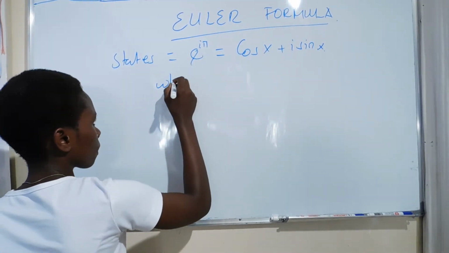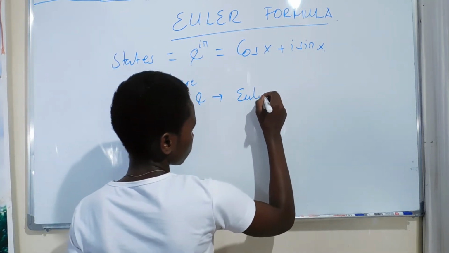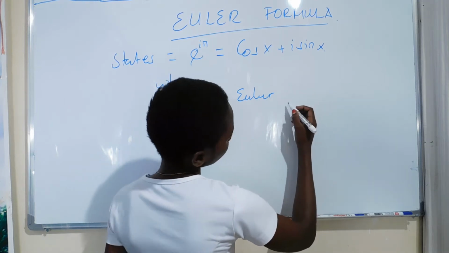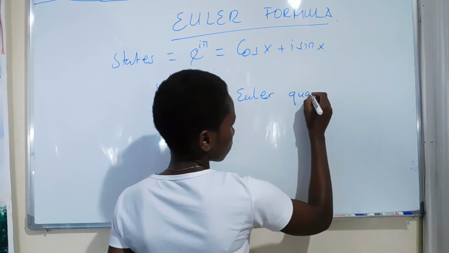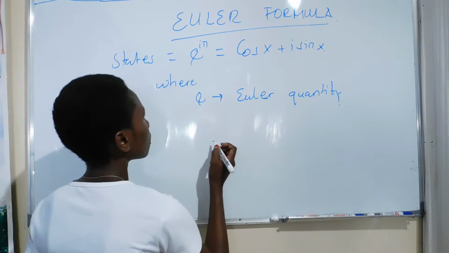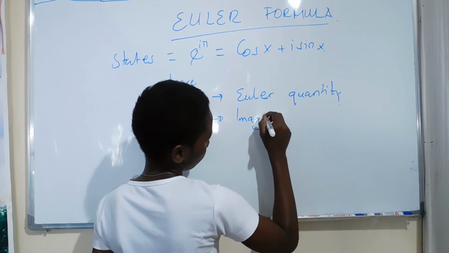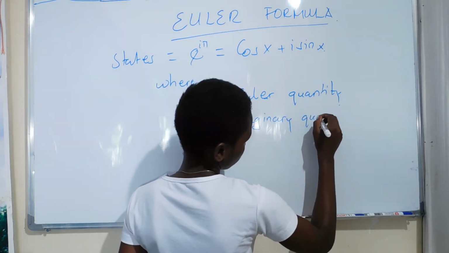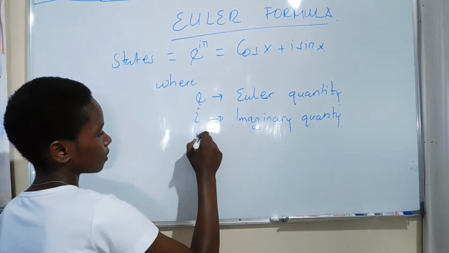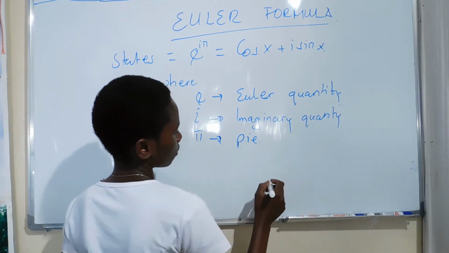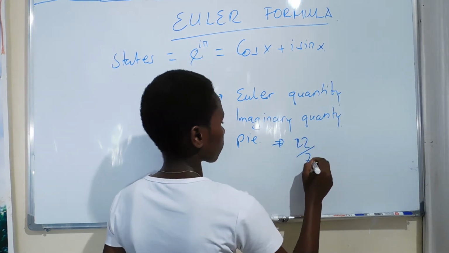where E this represents Euler, then I to represent the imaginary quantity, while pi it is just the pi, which is, you know, that it varies this one.